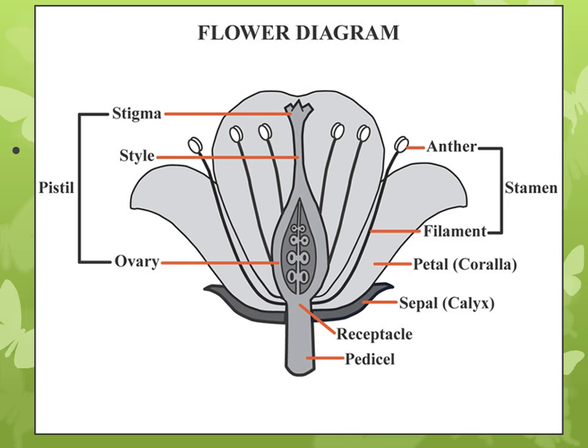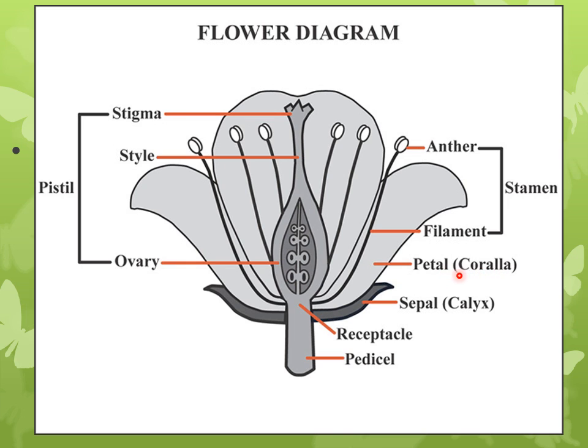And then there's a couple other accessory organs, they're sometimes called, and these are the pretty parts. The petals. So here's a petal, and there's a petal over here, and you'll see this word corolla.